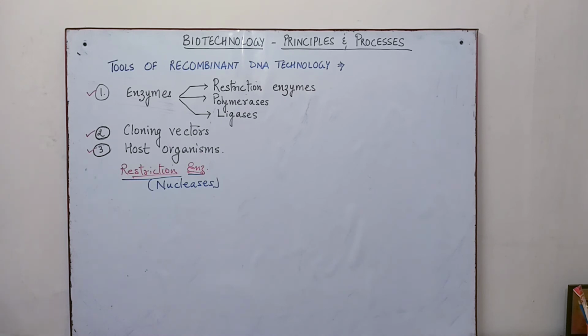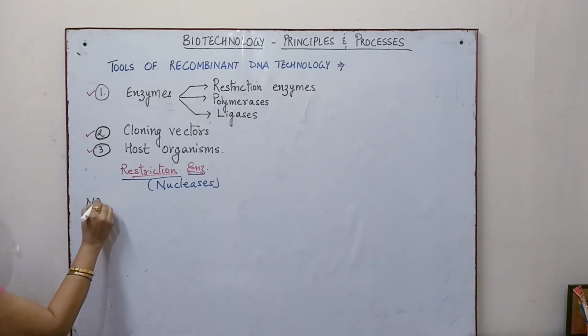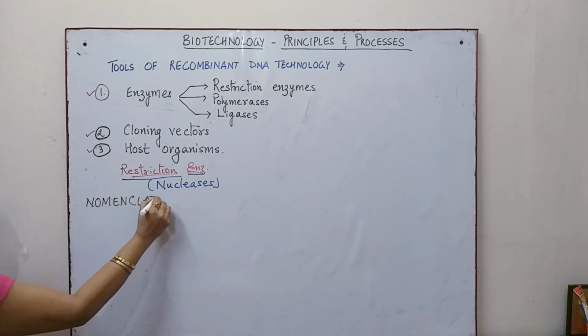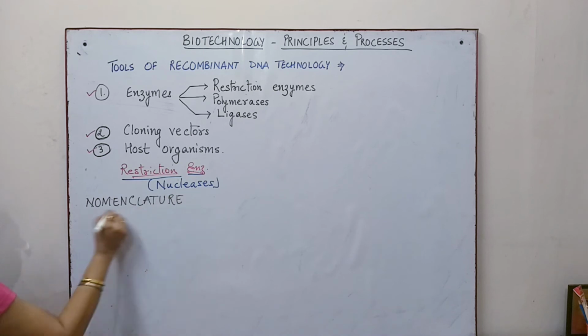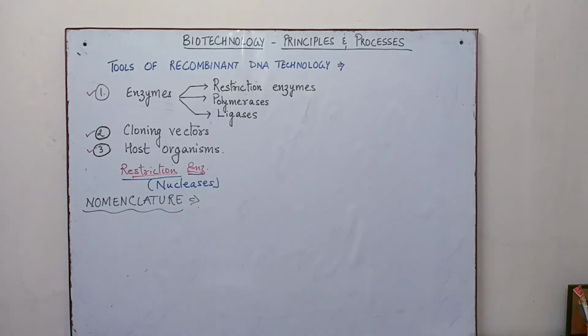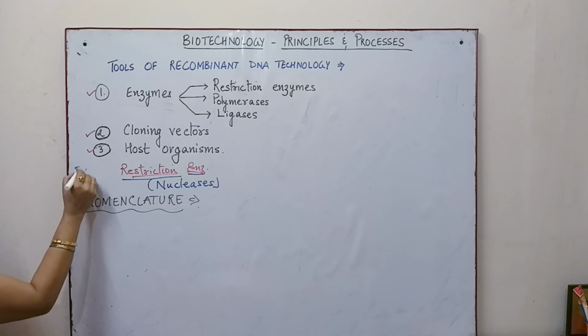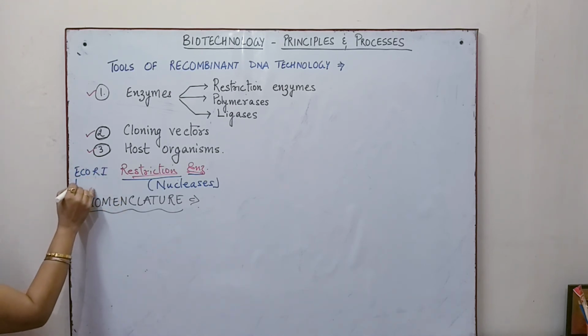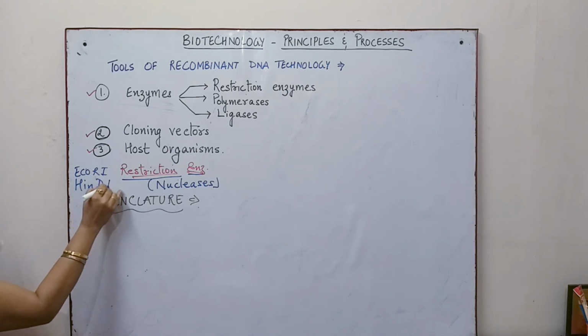So, nomenclature of the restriction enzymes. Because we find there are many restriction enzymes, like EcoR1, then we have HindD2.